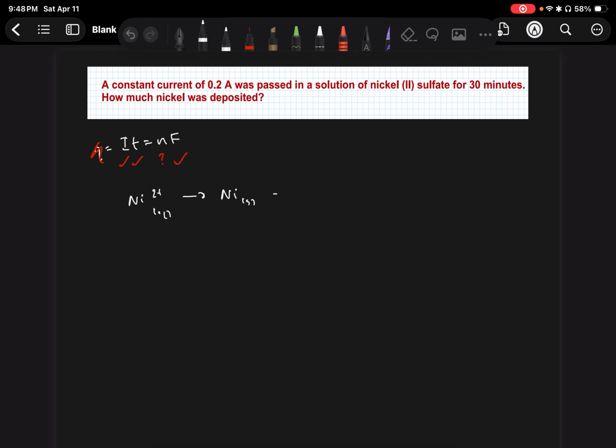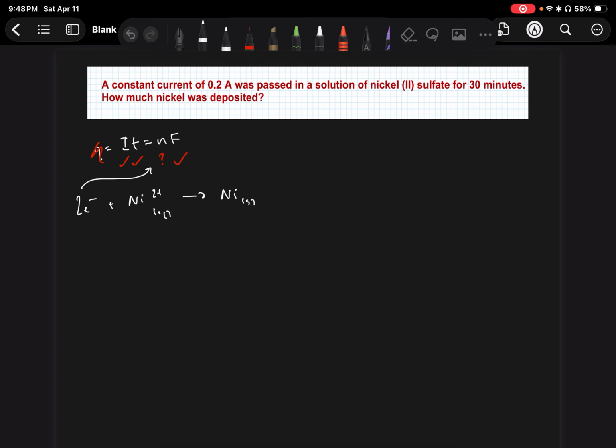Wait, no, electrons should be on the other side. Nickel 2+ plus two electrons goes to nickel solid. So we know that the number of moles of electrons in the reaction is 2.